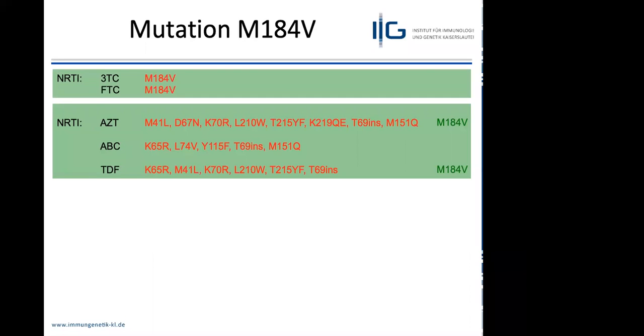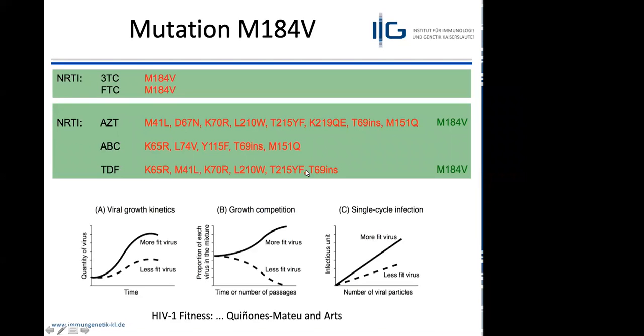So if you do have this mutation, tenofovir is more active than without, and this mutation can even reverse the effect of other drug resistance mutations. And this mutation is really impacting the viral fitness, decreasing the viral fitness.